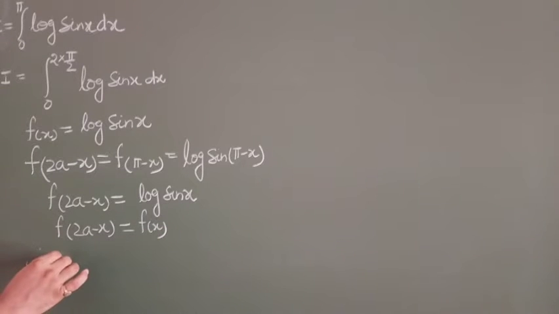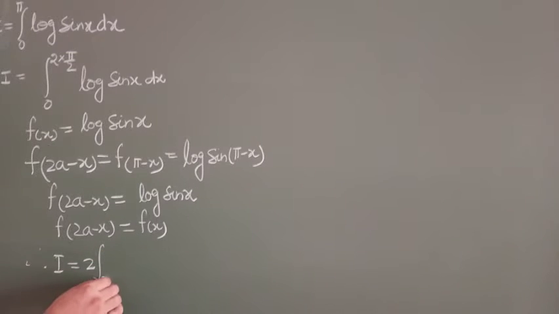Therefore, we can write I equals twice the integral from 0 to a, where a is pi by 2 here, of log sin x dx.